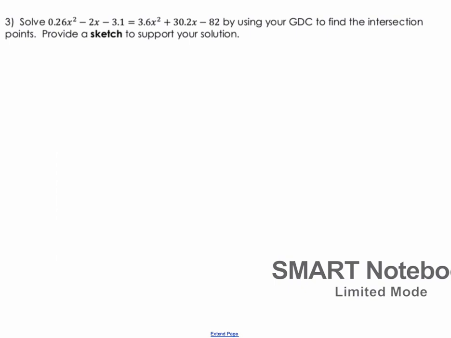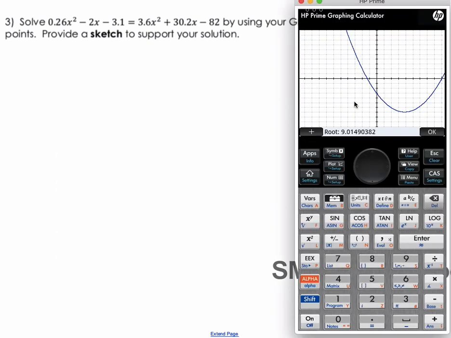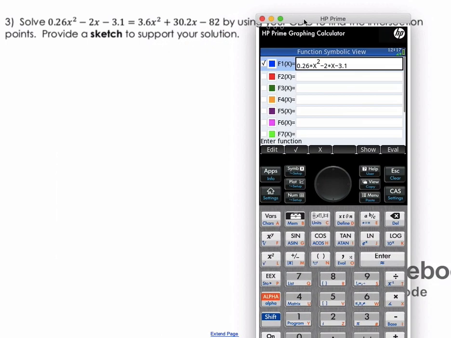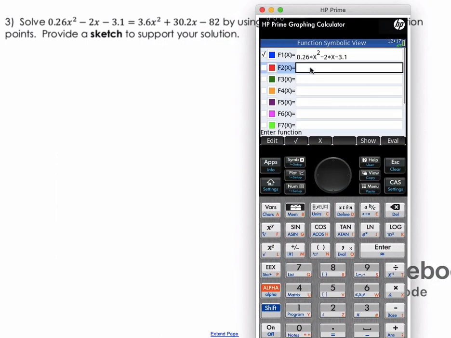For the last one, this is basically solving the points of intersection of part 1 and part 2. Okay, so let me do that on the HP Prime. We've already got that function in there. Let's type in that equation from part 1, which was basically this right here.